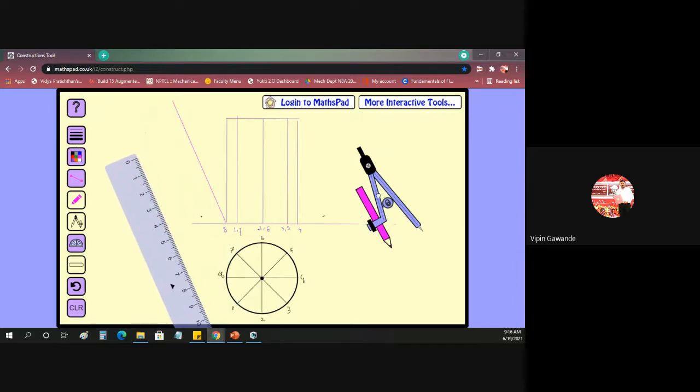After that, you take a small distance in the compass. Now you put it here and then mark the intersection here. So this is 1. Then this is 2. Then this is 3. This is the line division method. Then this is 4. Okay, this is 5.